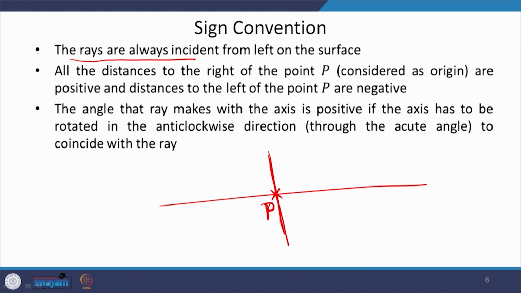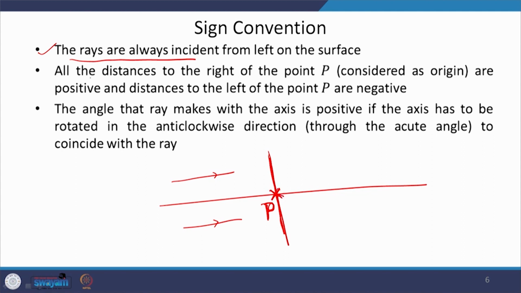The first point in this convention is that rays are always incident from the left on the surface. Whenever you draw a ray, you always draw it from the left and make it incident on the optical element, which is centered here at point P.